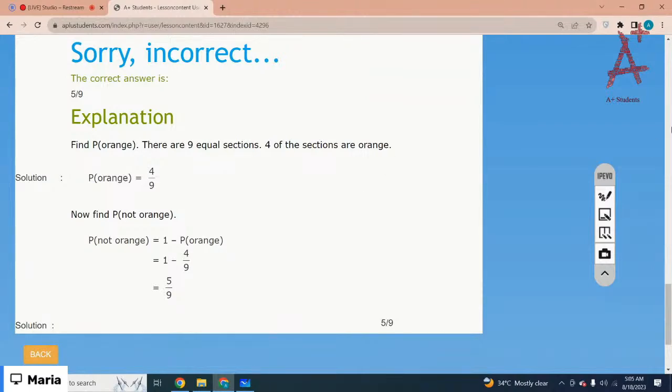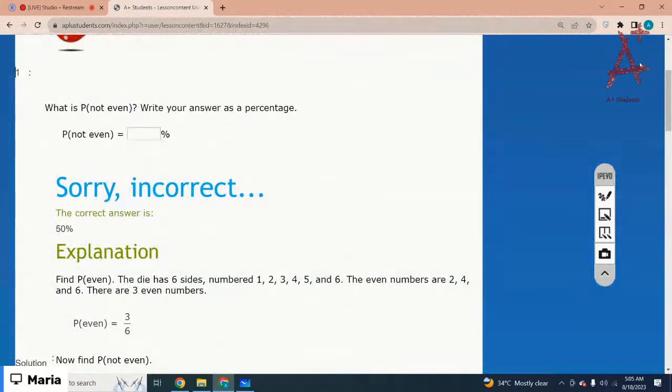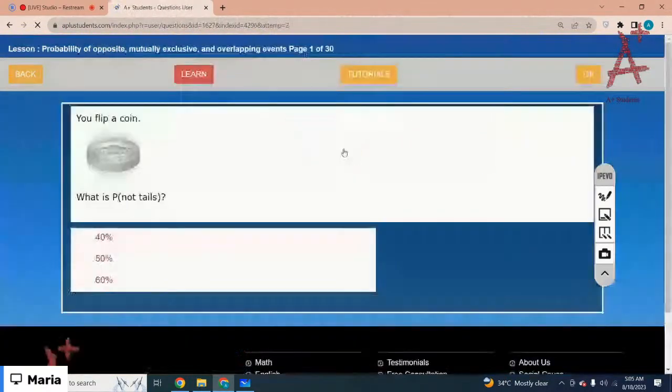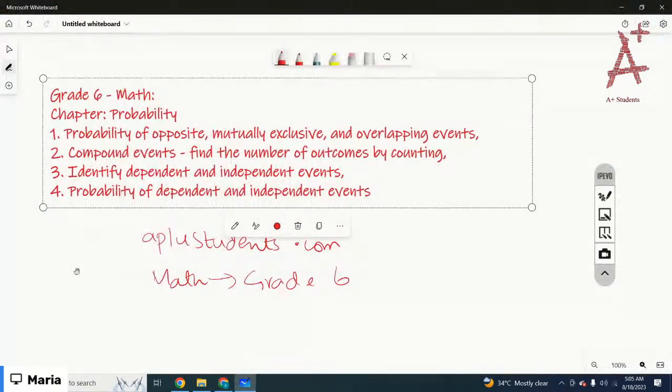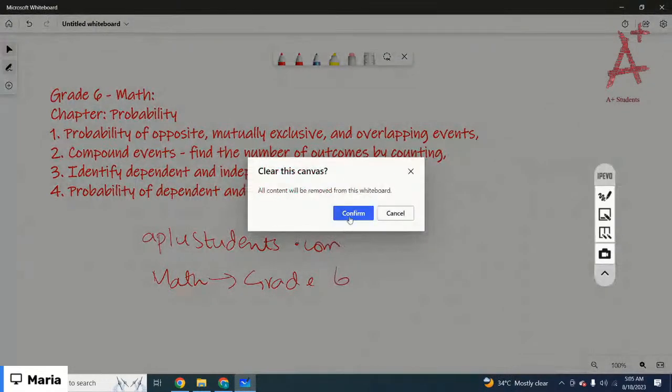Let's start with the practice questions. You flip a coin. What is the probability of not tails? Whenever you flip a coin, you have only two options, either head or tail.